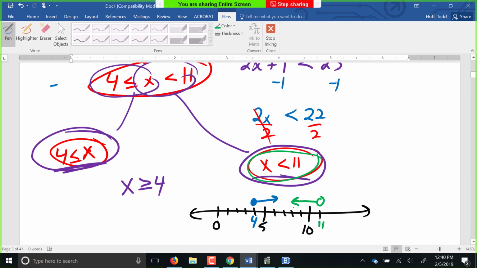Like I said, we'll get into it later, of conjunctive or disjunctive is the fancy words, or intersective or union. In other words, is it an and or is it an or?